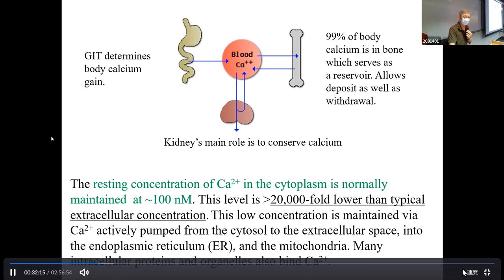Now, there are many suborganelles that will control the intracellular concentration of calcium, as indicated here, for example, ER and the mitochondria. Because the amount of calcium inside the cell, in the cytoplasm, will significantly affect a lot of enzyme activity and also the protein channels that will allow in and out of a lot of other substances.